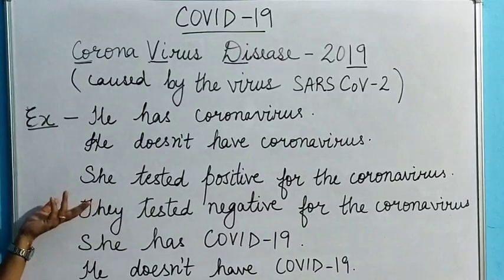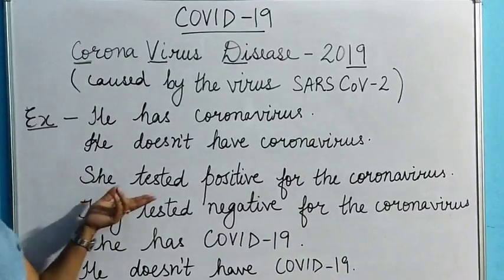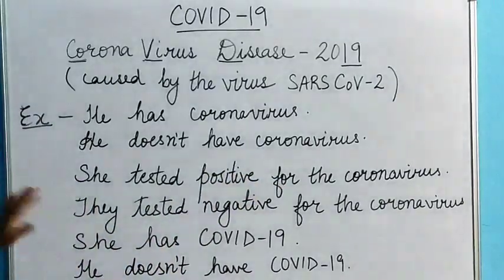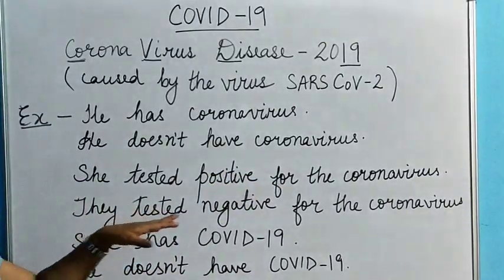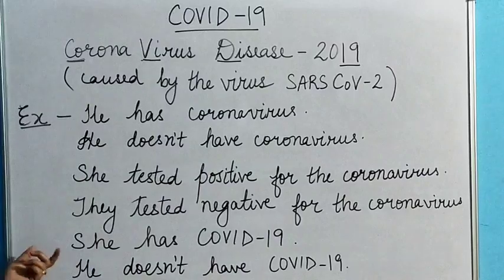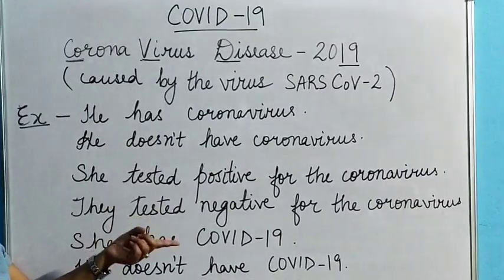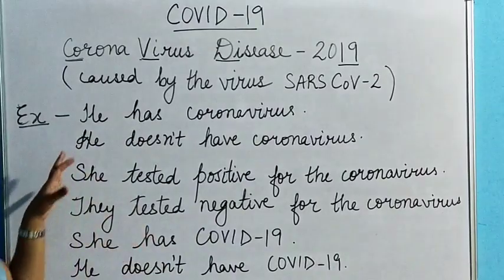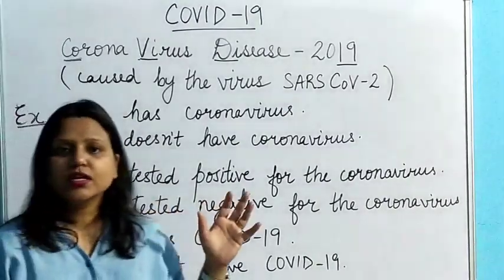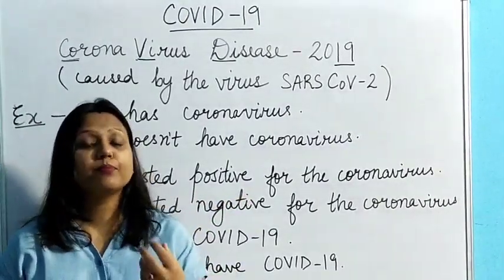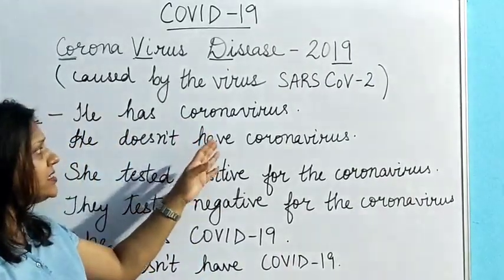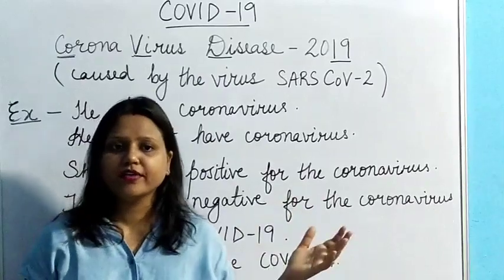Another way of saying this can be she tested positive for the coronavirus. They tested negative for the coronavirus. She has COVID-19. She doesn't have COVID-19. So these are a few ways by which we can tell someone if a person is suffering or not suffering from COVID-19 or coronavirus.